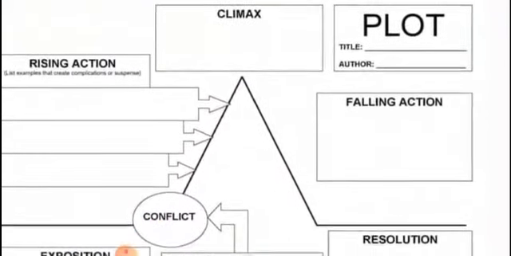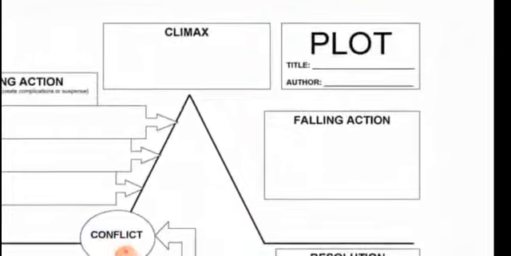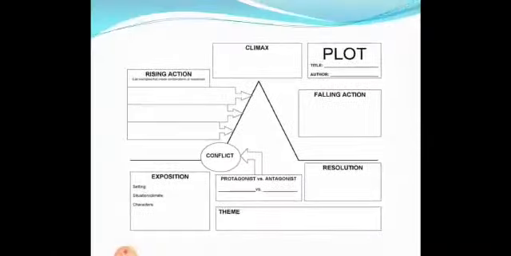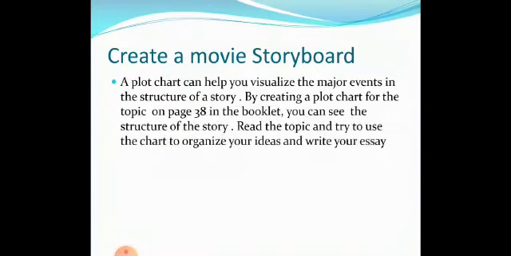It should be there, of course. What about the falling action, the resolution? All of this you have to think about before writing down your story. Now, read the topic and try to use the chart to organize your ideas and write your essay.